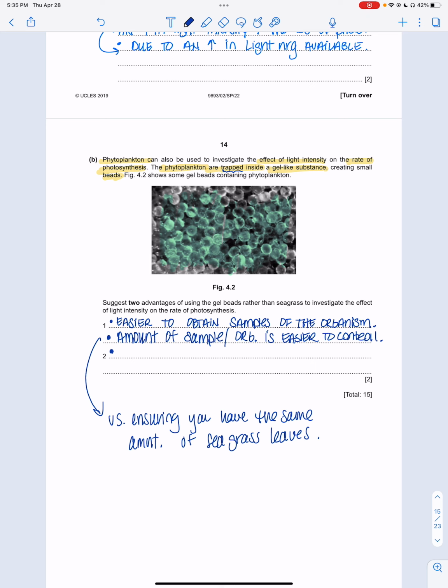I'm imagining it would be ordered. So you'll be able to, if you wanted to have the phytoplankton, they're easier to manage.